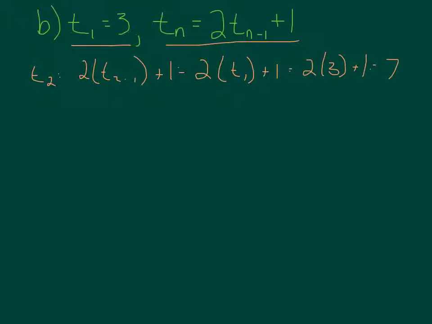That's the second term. T3, 2 times T3 minus 1 plus 1, 2 times T2 plus 1, 2 times 7 plus 1. 2 times 7 is 14, plus 1, 15.